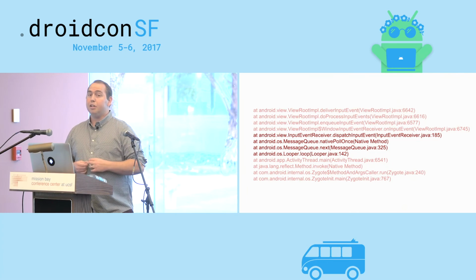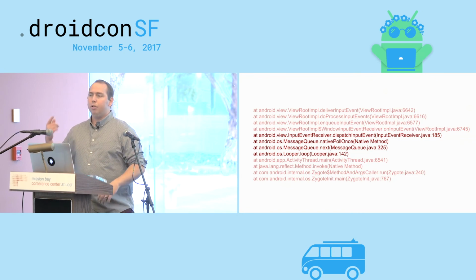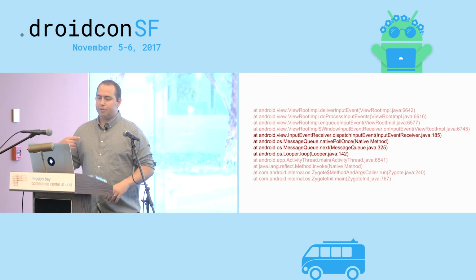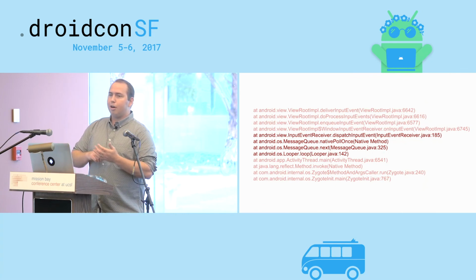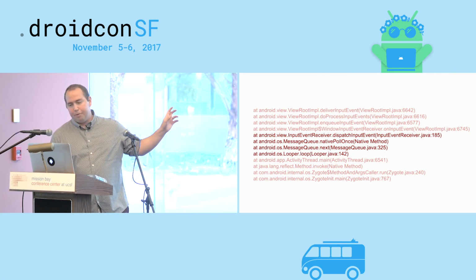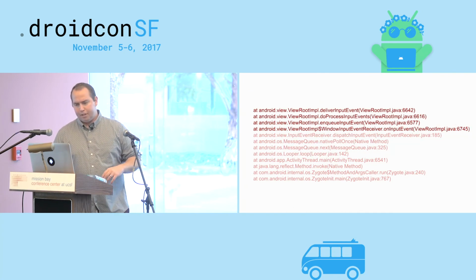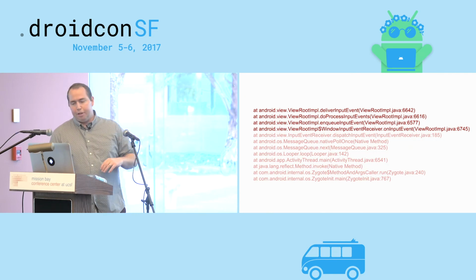You can still post to the message queue natively, and the message queue that's running in the VM will poll for those messages and handle them. An example is when you touch the screen. This used to be the job of the Choreographer, and then they pulled that out, and now it will dispatch to the input event receiver. And then from there, it dispatches to ViewRootImpl.